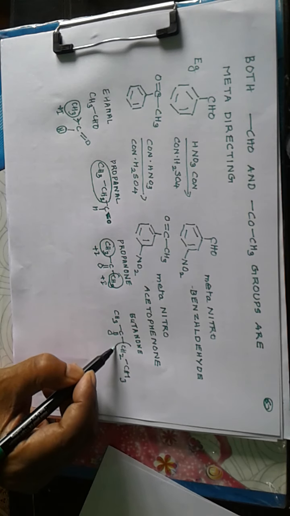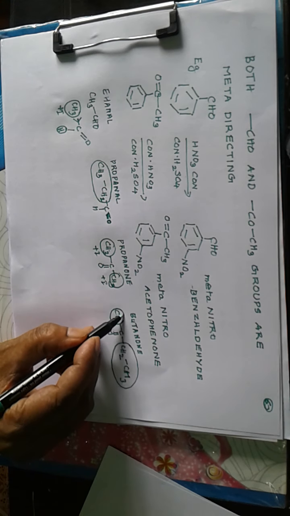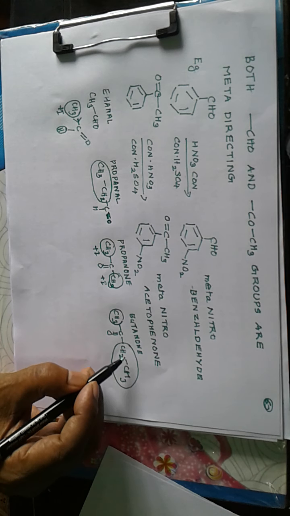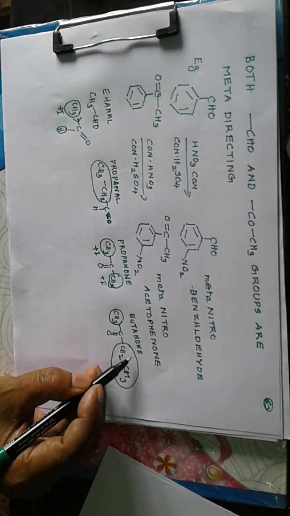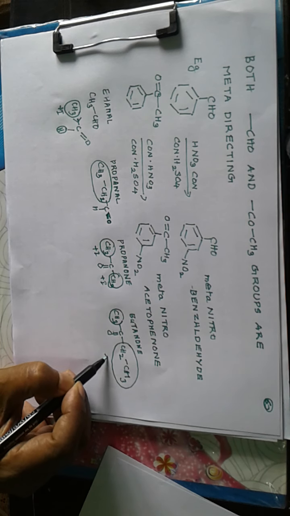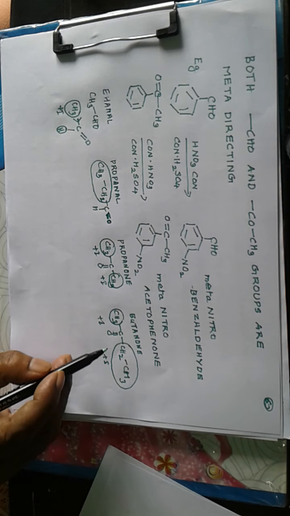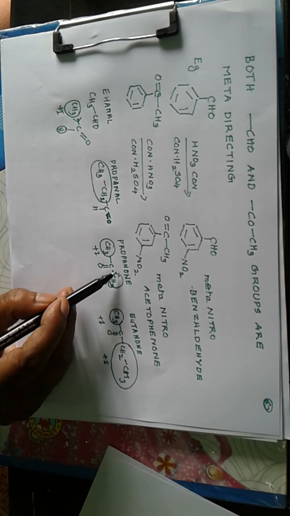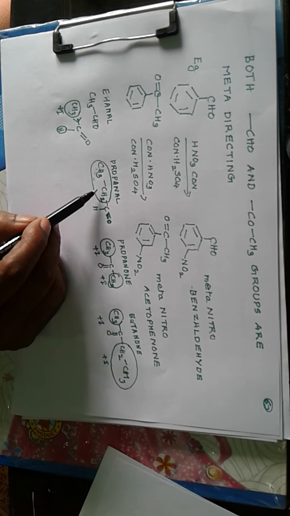And here we have one bulky group, that is ethyl, and then a small group, methyl. So the two groups exert greater steric effects in combination, and again there are plus I effects of these groups. So the largest steric effect and plus I effect are observed in the case of butanone. Then less steric effect is observed in propanone, and then lesser in propanal, and ethanal has the least steric effect.